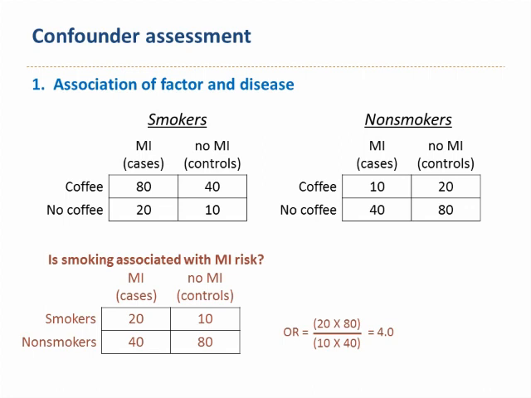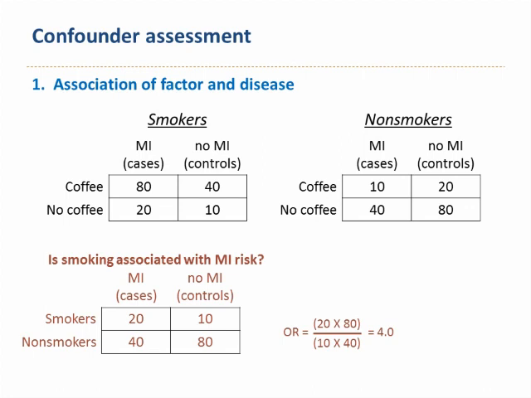We can address this directly from the data. We can construct a 2x2 table where we have as columns cases and controls, and as rows smoking status. So in the upper left of this table, we have all of the MI cases who are smokers among the non-coffee drinkers, which is 20.